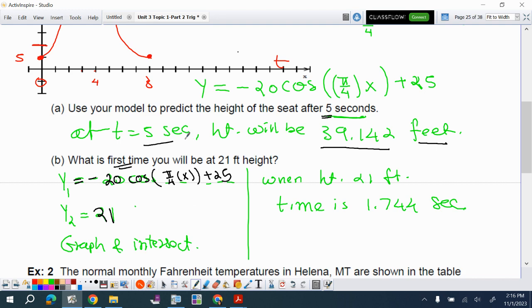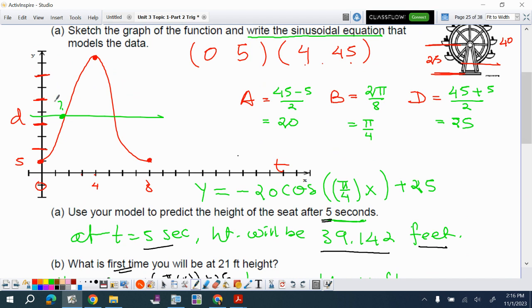In the calculator, D is 25, so 21 is somewhere here. You have to find this first intersection. What would be the time? You have to identify that time.